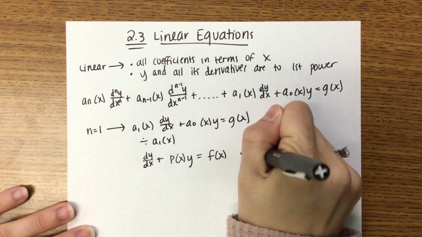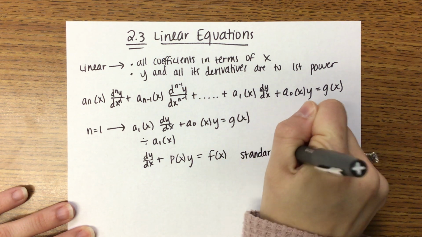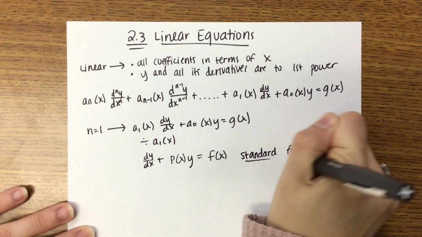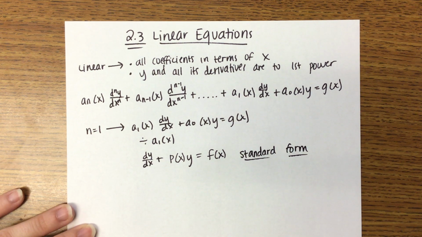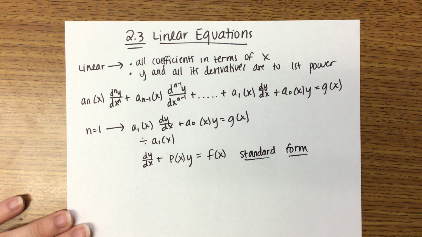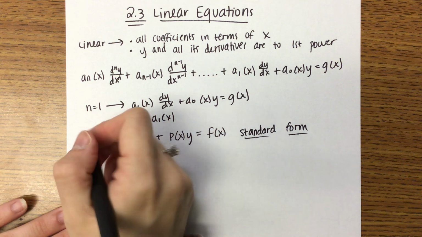This is called standard form of a linear equation. The big thing to remember with standard form is that the coefficient of dy dx is 1. So anytime that you're solving a linear equation, put it in standard form before you actually solve it.